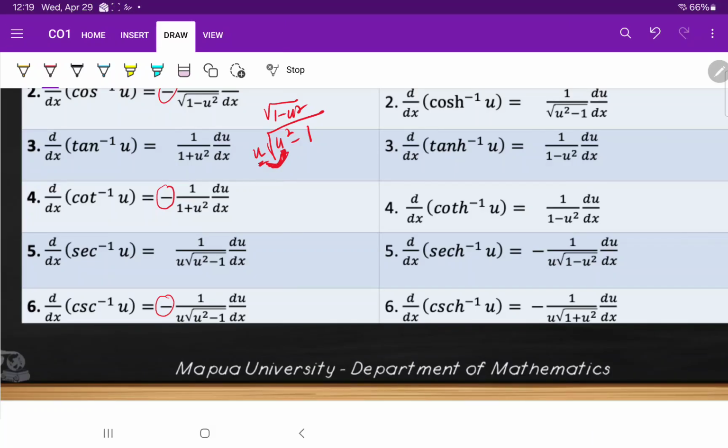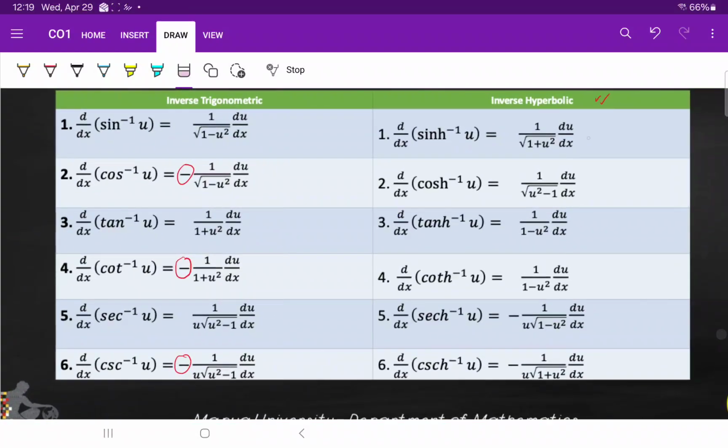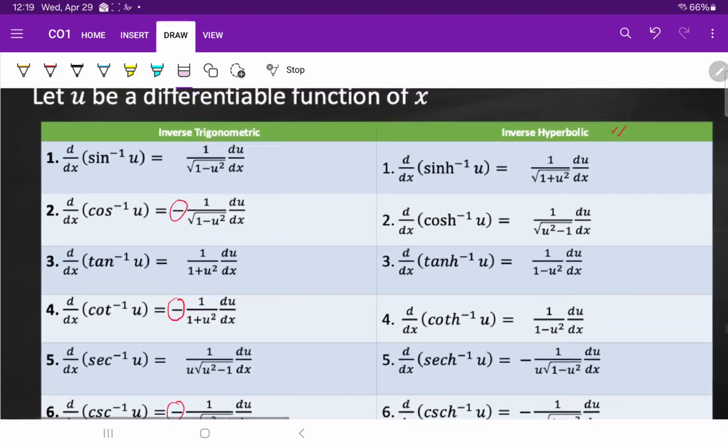U and u are close with each other when it comes to the derivative of arc secant and arc cosecant. Alright, so when we go to the derivative of inverse hyperbolic functions, we're going to discuss the differences between inverse trigonometric and inverse hyperbolic.